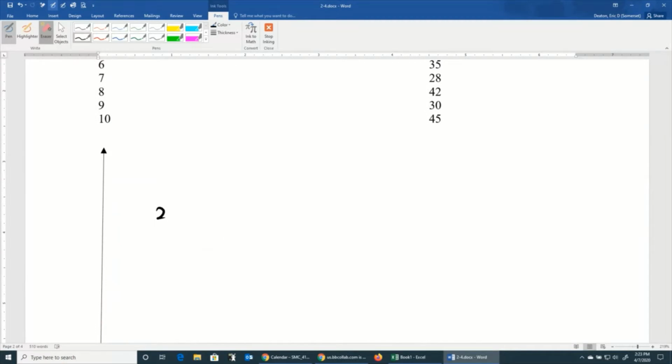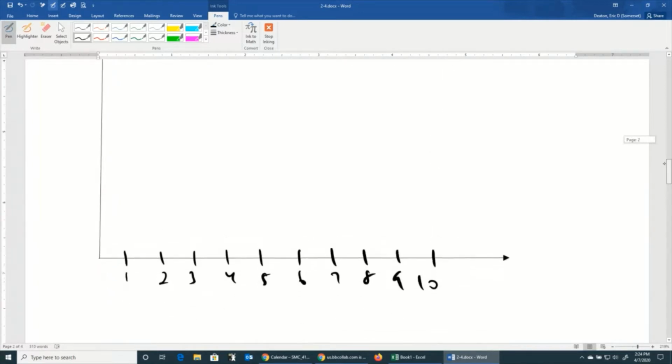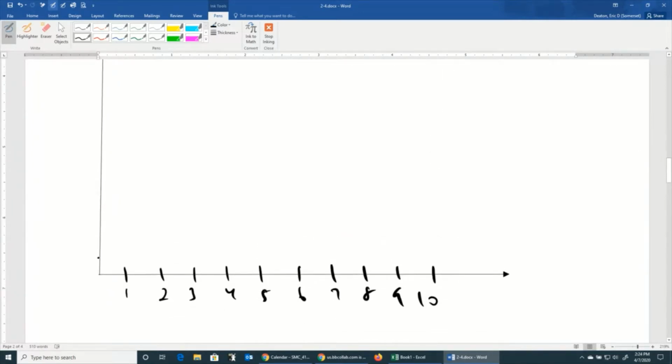On the y-axis, I see it goes up to 45, so I'm probably going to count by fives. I can count however I want to, but ones will take forever. Let's count by fives: 5, 10, 15, 20, 25, 30, 35, 40, 45.